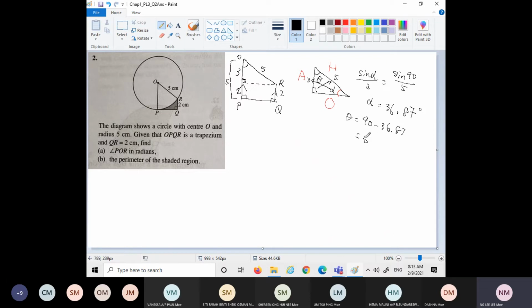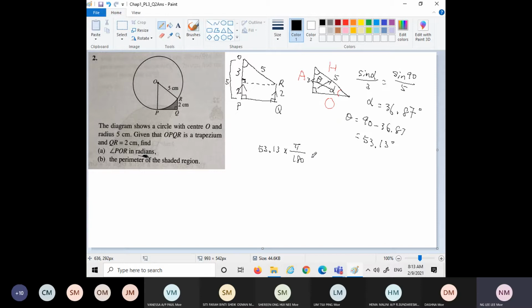The answer for theta is 53.13, but this is in degrees. They want it in radians, so you have to change it into radians: 53.13 times pi divided by 180 degrees.